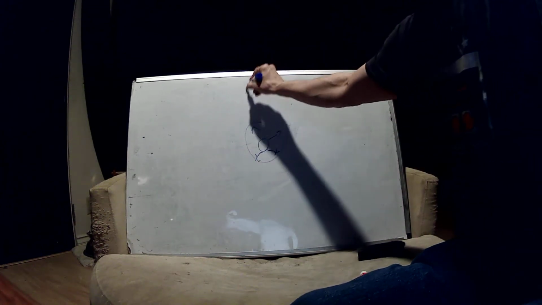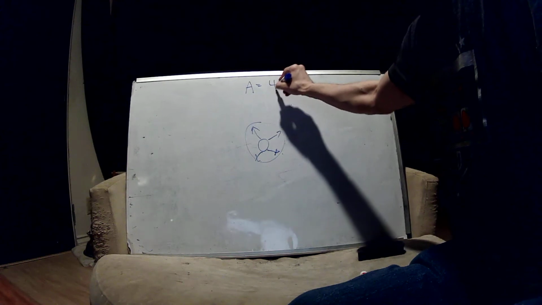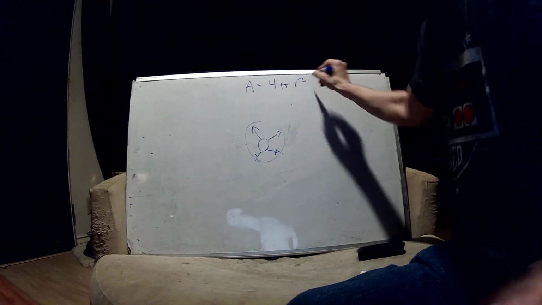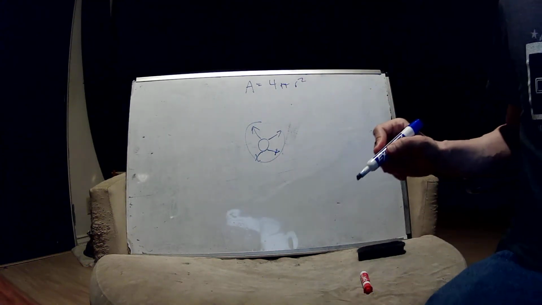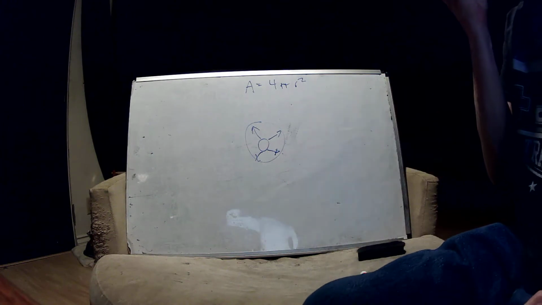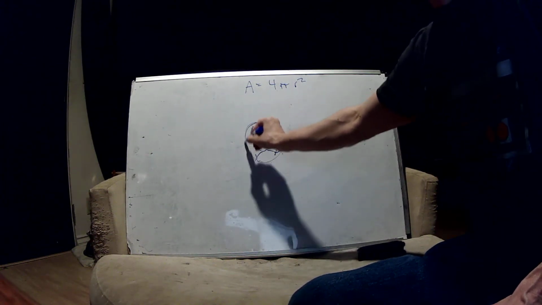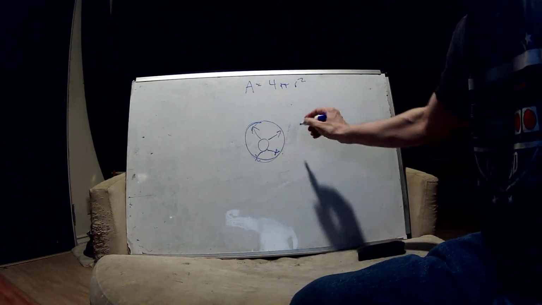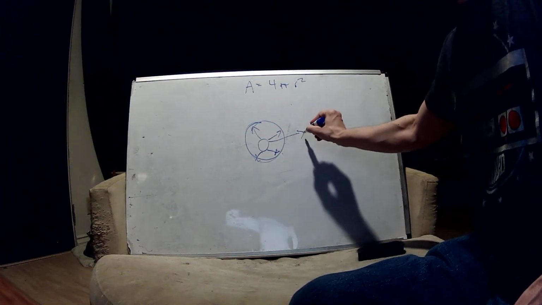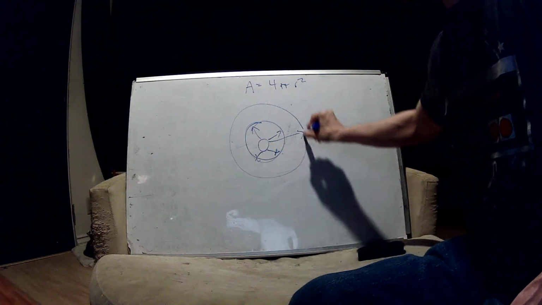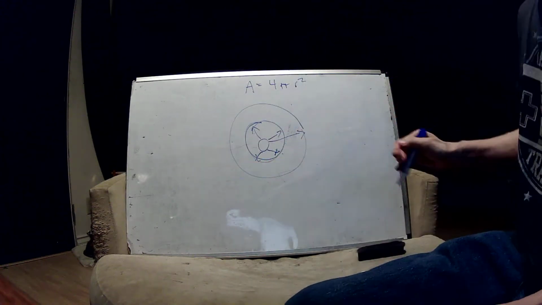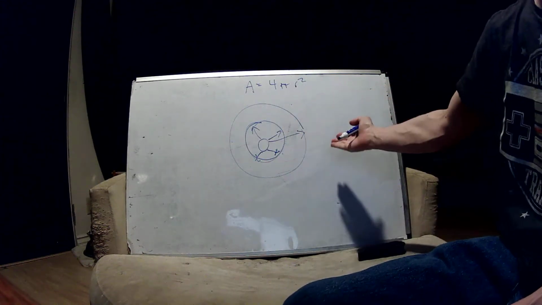And the area of a sphere is 4 pi r squared, right? Now, if we want to think about this amount of light, later on, as this same amount of light expands further into the universe, it's still the same amount of light, right?